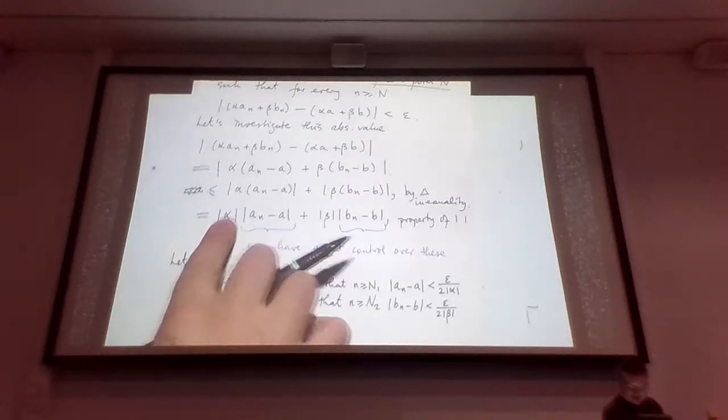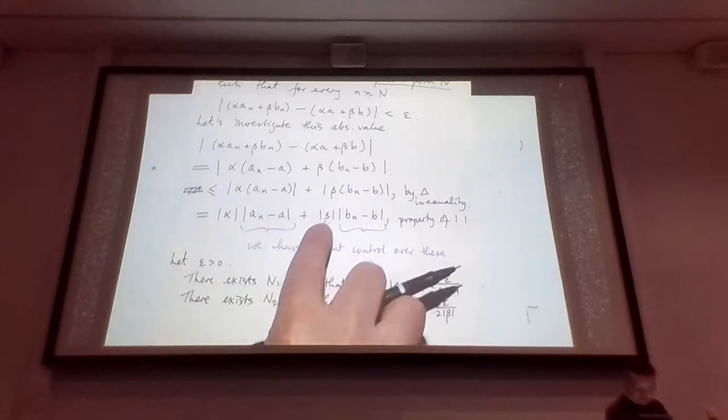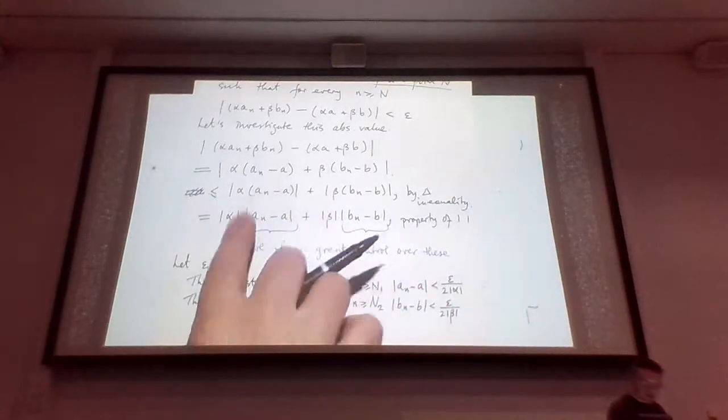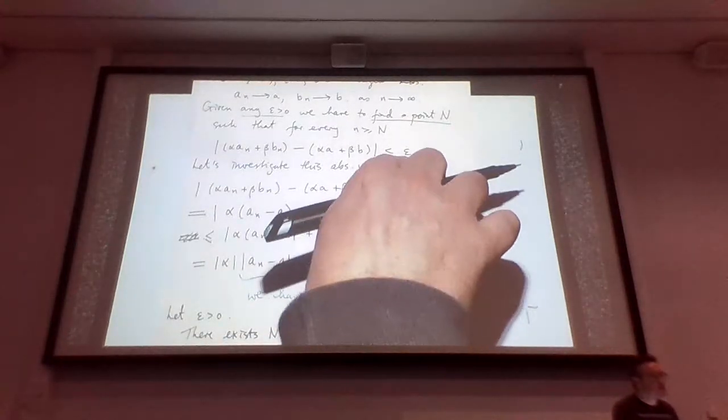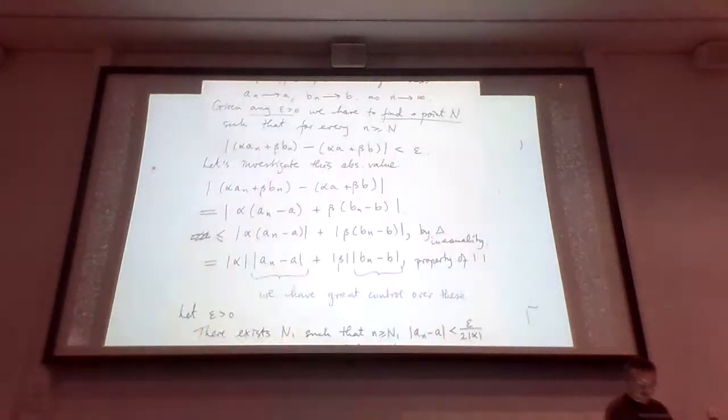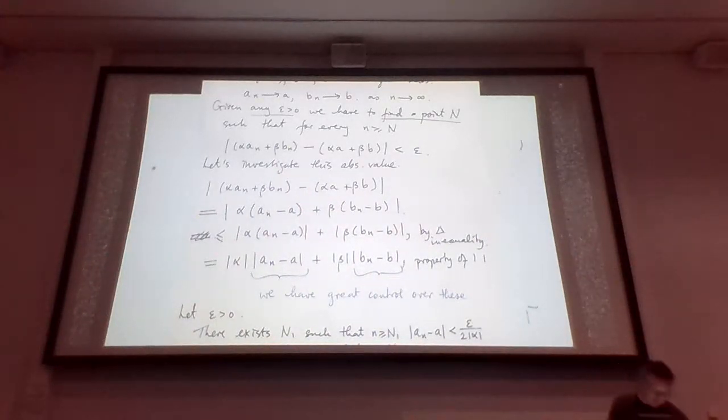The absolute value of alpha will cancel with that. The absolute value of beta will cancel there. You'll have epsilon over 2 plus epsilon over 2, so you'll get exactly epsilon. And that's the upper bound I want to arrange for the absolute value in question.